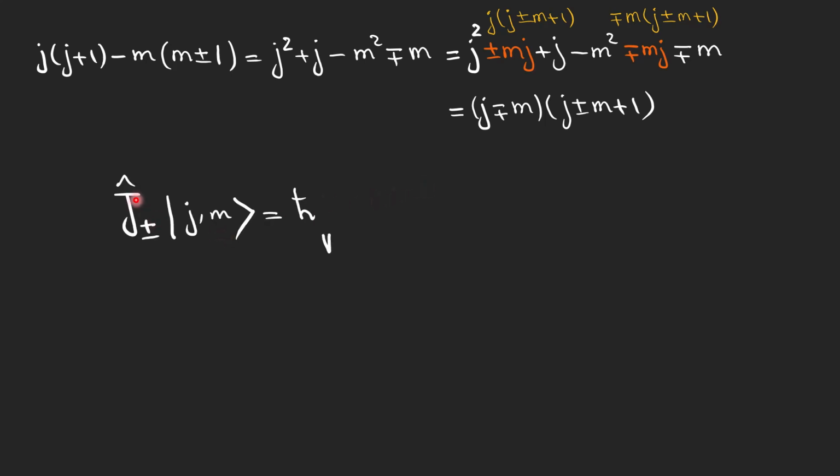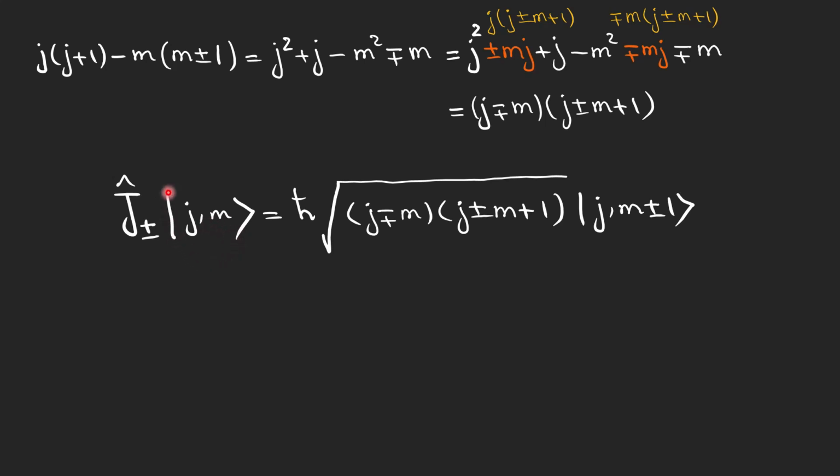So when j plus or minus acts on j and m, which are the eigenfunctions of j squared and jz, we have this expression. We have an h bar, and then for the first term, we have j minus m for the plus sign, and we have the plus sign for j minus, and here we have j plus m plus 1, and here we have j minus m plus 1.